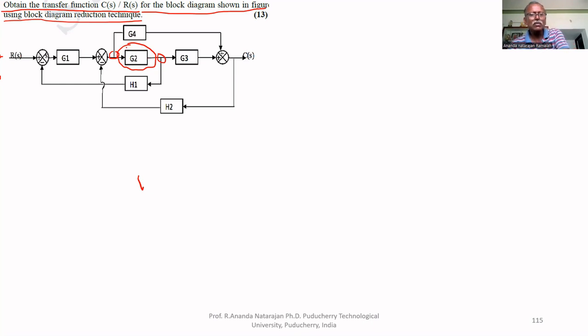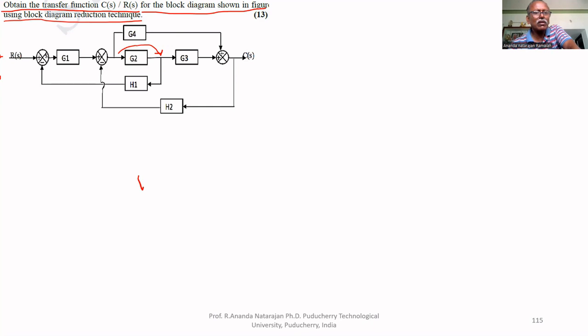So what we can do is first move this point, so that these two will be in parallel. G4 and G3 will be in parallel. That's why we can add these two and solve the parallel path.